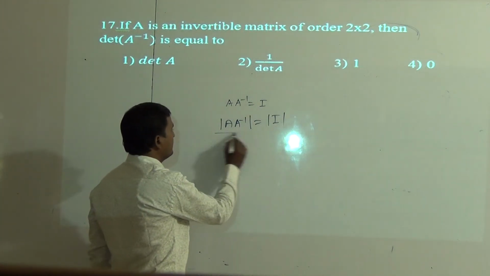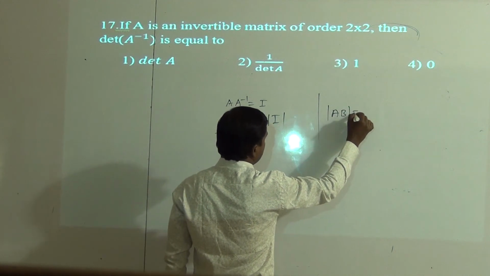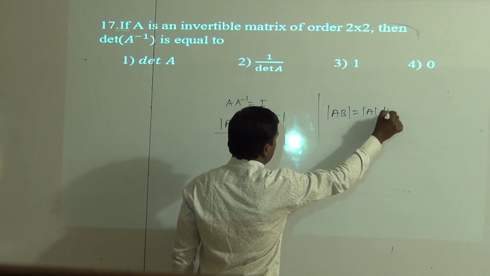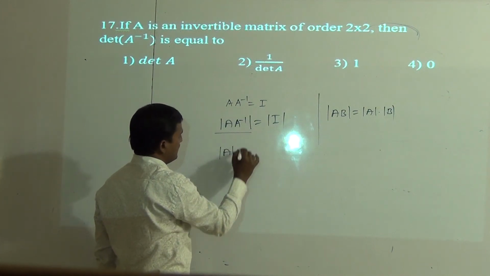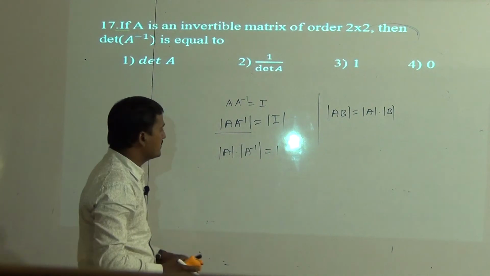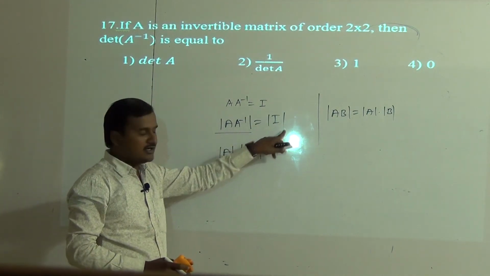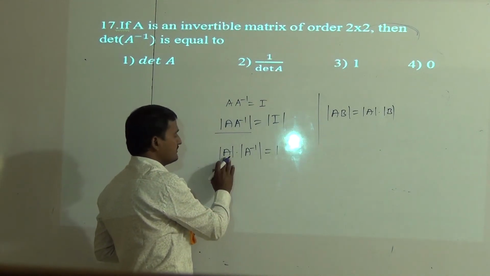So now it is in the form of, you already know that determinant of AB is equal to determinant of A into determinant of B. Therefore it becomes determinant of A into determinant of A inverse equal to 1, because the determinant of identity matrix is always 1. So I will take determinant of A to this side.